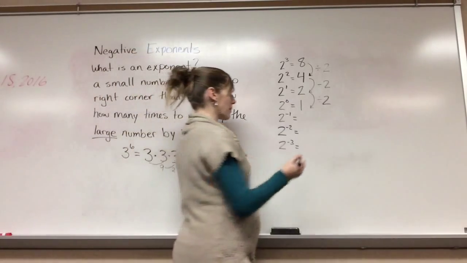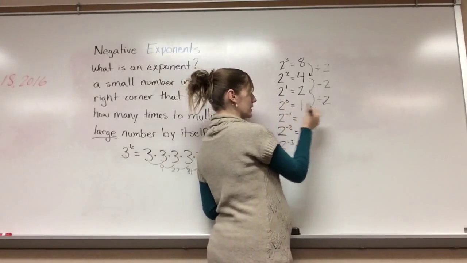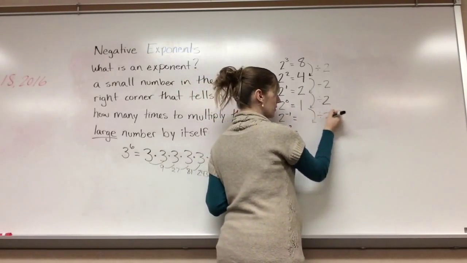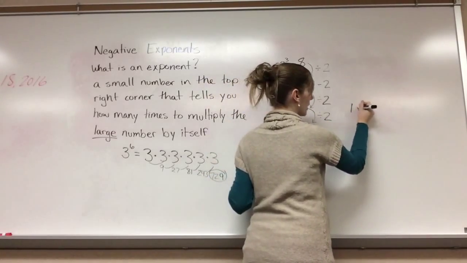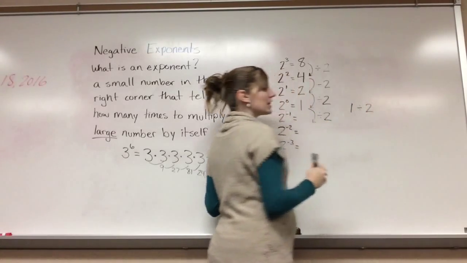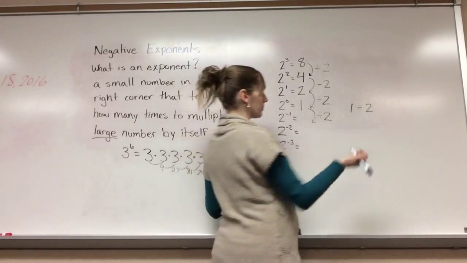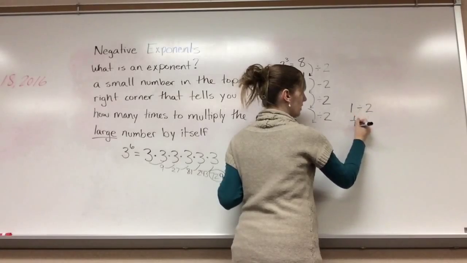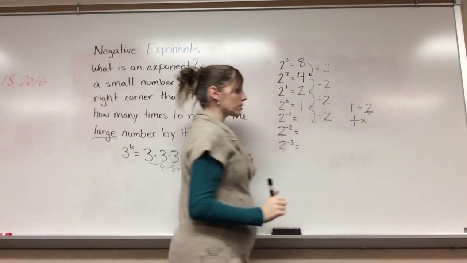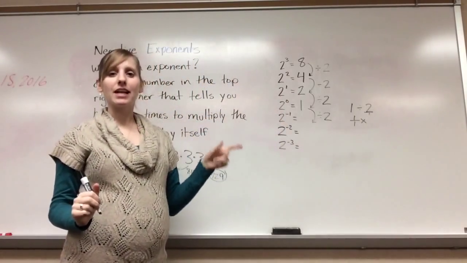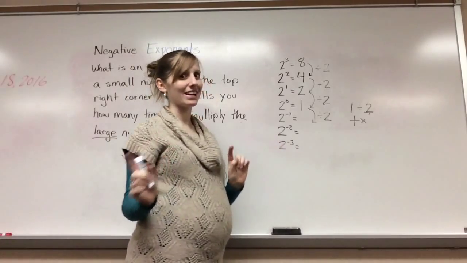Let's keep following this pattern. Because my exponent is going down by 1, I need to divide by 2 again. 1 divided by 2. Well, let's write that out. I want this written as a fraction, so I'm going to change this into a dividing fractions problem. So I'm going to make this 1 over 1. This is 2 over 1, so I'm going to change it to a multiplication and flip the second fraction. Remember, those are the rules for multiplying or dividing fractions.